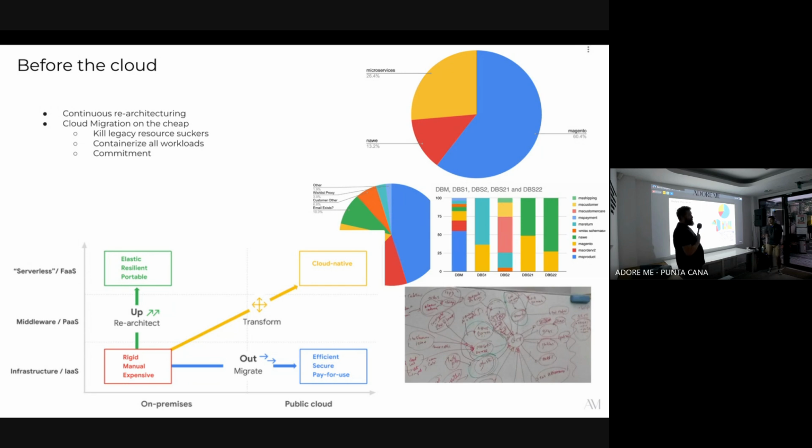In terms of cost, we just look at the numbers of servers and their associated cost. And if we zoomed in into Magento, we did a bit of APM breakdown using New Relic and figured out which features are consuming which amount of workload, which went directly to infrastructure costs.